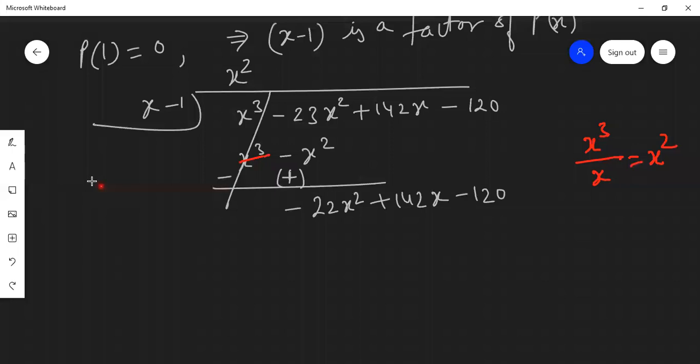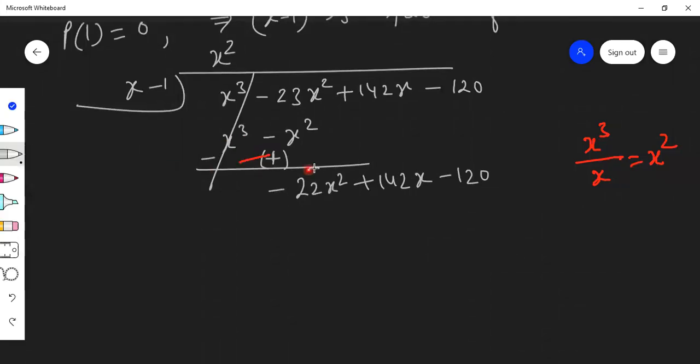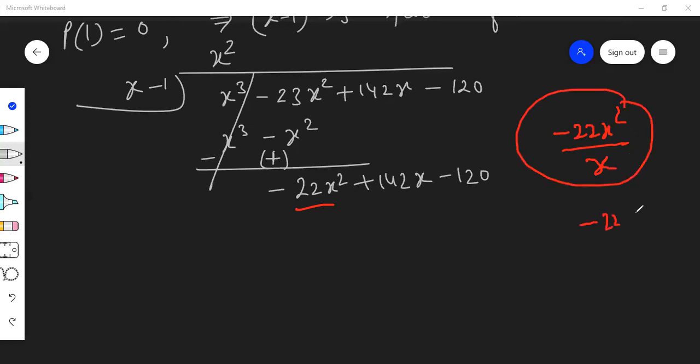Now, again, we will do the same thing. Minus 22x squared, we catch the very first term, which has the highest exponent. Let's say this is minus 22x squared, and we divide it by x. So what do we get? We get minus 22x. So we are going to write minus 22x here. And multiply this minus 22x by x minus 1.